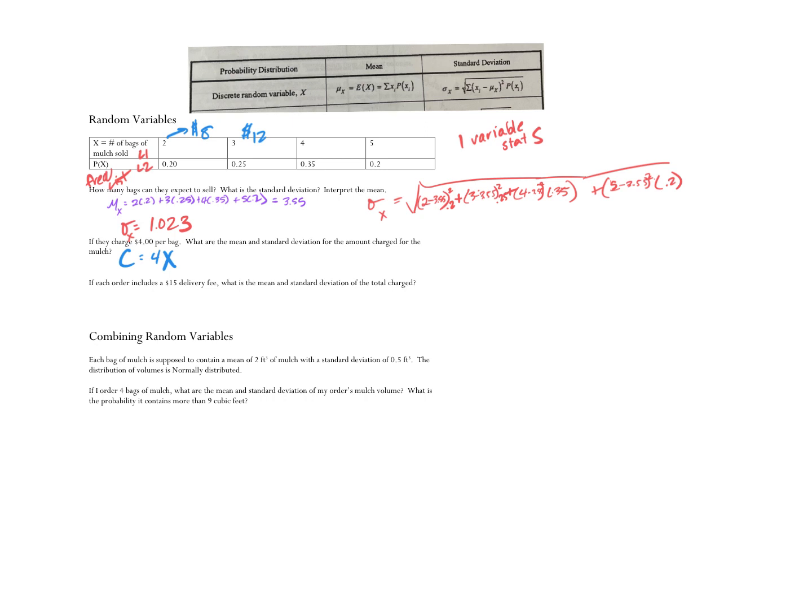Okay, so that's how much they charge just for the mulch. And so what is the mean of C going to be? Well, if I multiply each value by 4, isn't the mean going to get multiplied by 4? Is everybody with me?